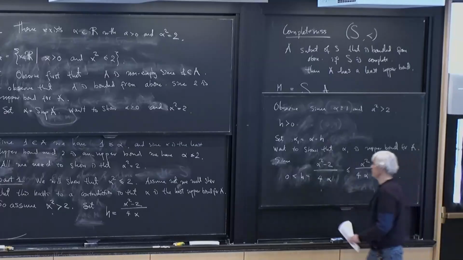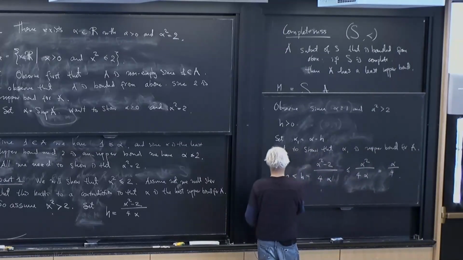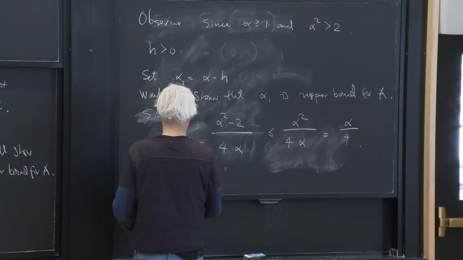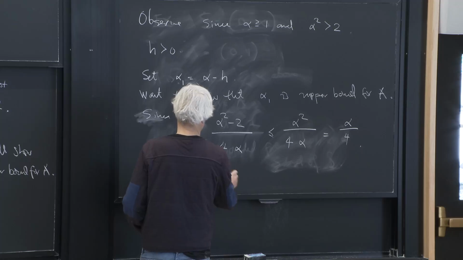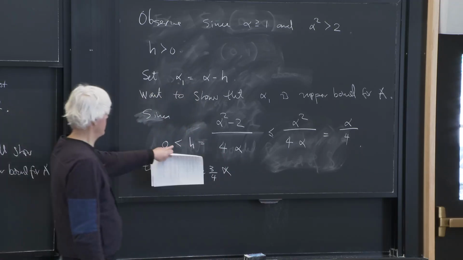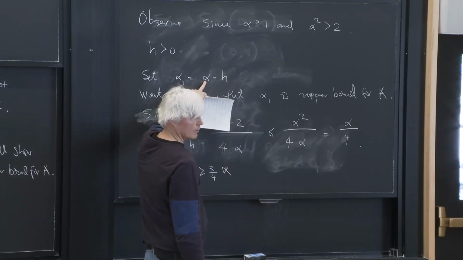Since h is less than alpha over 4, alpha 1 is bigger or equal to 3/4 of alpha, because I'm subtracting at most alpha over 4, and so there's still 3/4 of alpha left.